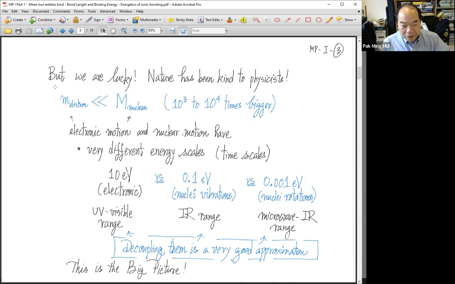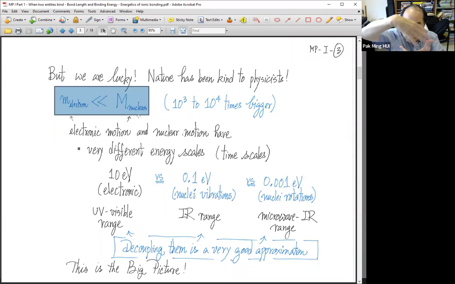Given this big difference in the masses between the electron problem and the nuclei motion problem, you can imagine already that the nuclei are much fatter entities. Their motion is on a much longer time scale. That is to say, slower motion of the nuclei compared with the electron.